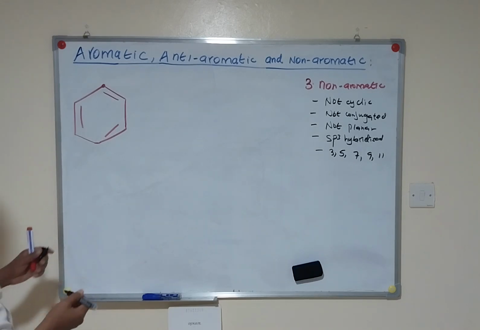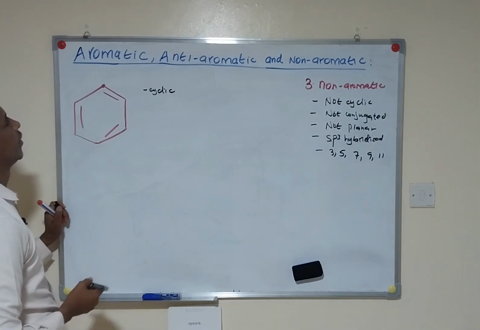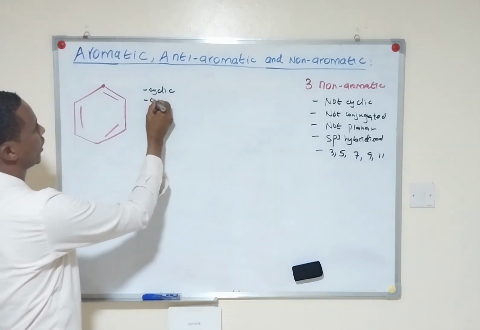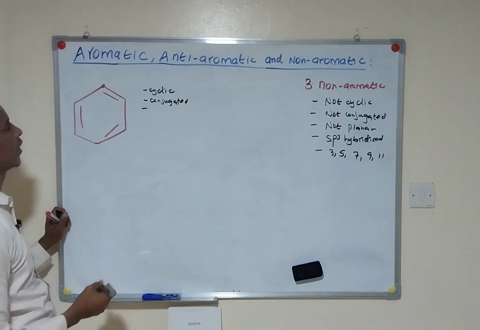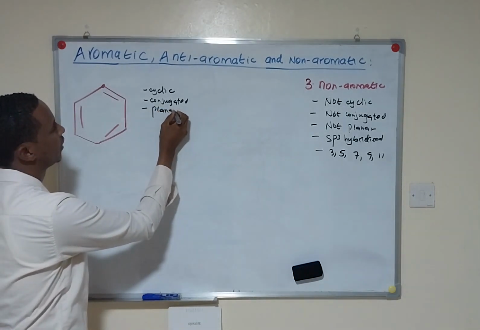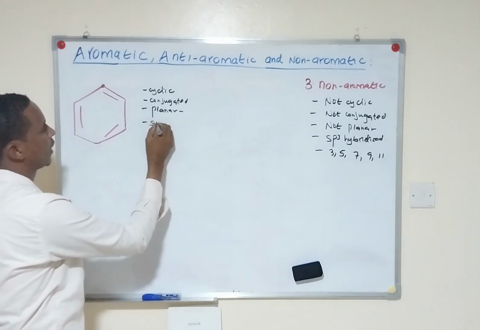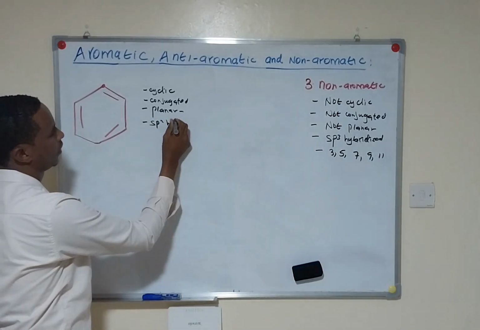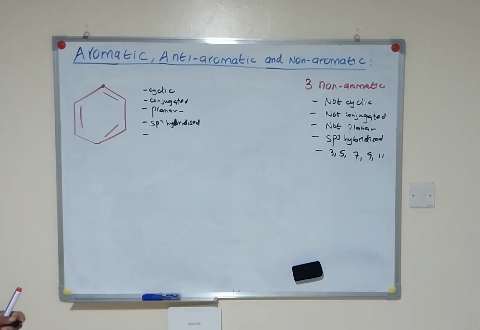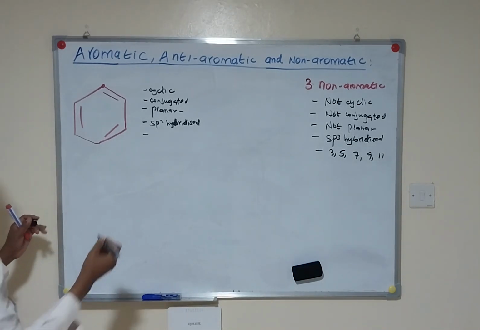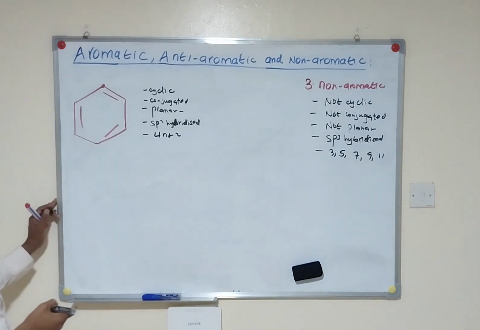The compound is cyclic, conjugated, planar, meaning it is a 2D structure, and sp2 hybridized. And lastly, does it conform to Huckel's rule?